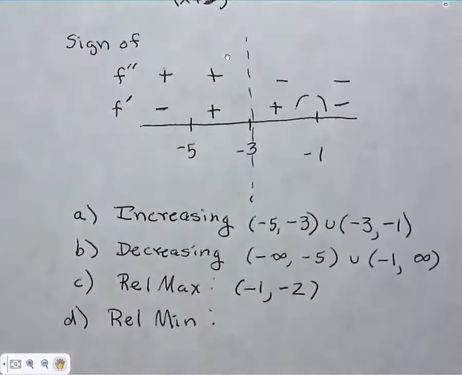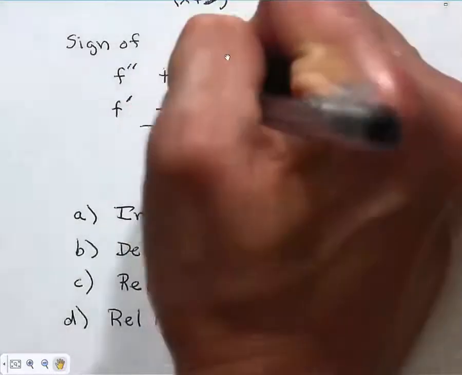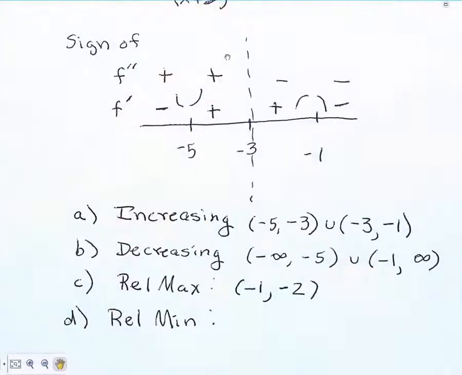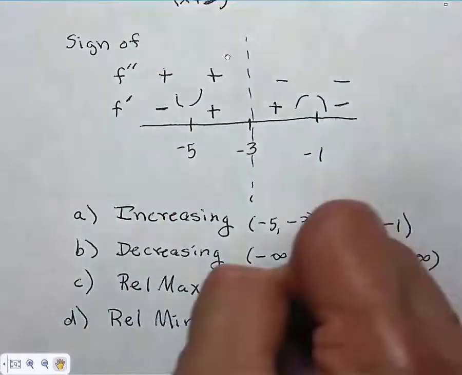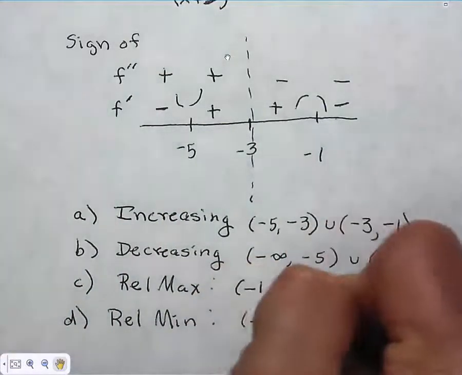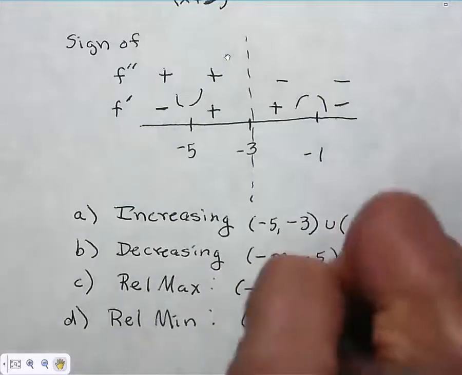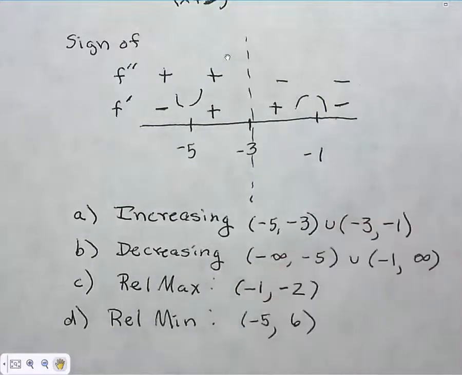Is there a relative min? Where the function goes from decreasing to increasing at negative 5. Negative 5. When I put negative 5 into the function, I got positive 6.